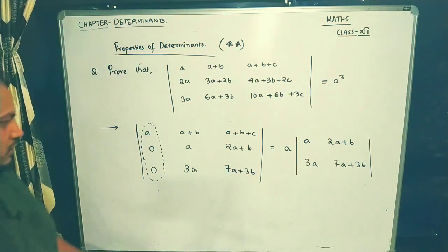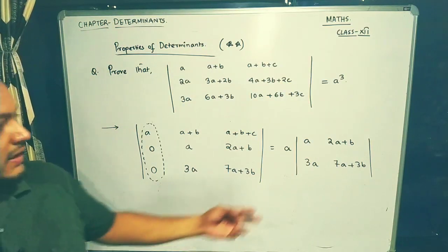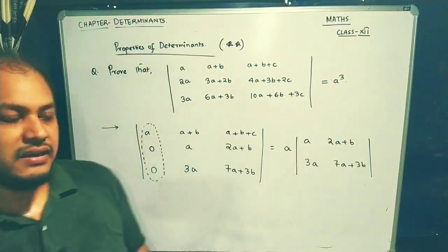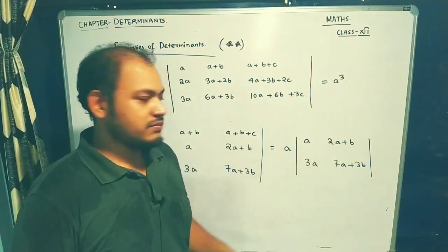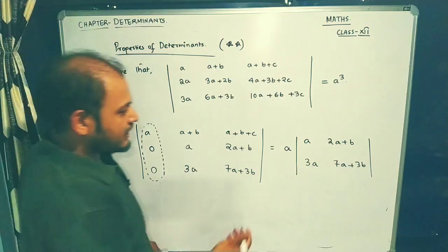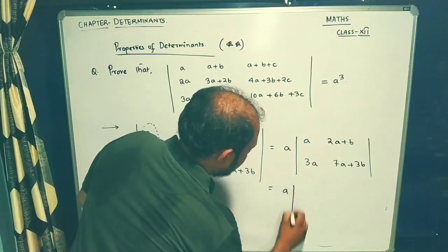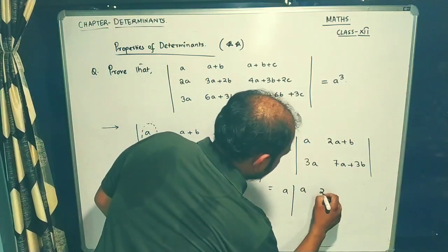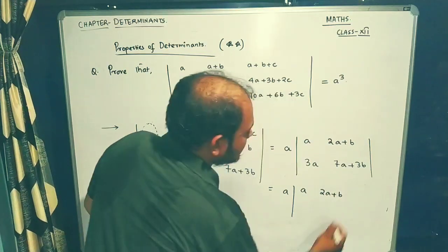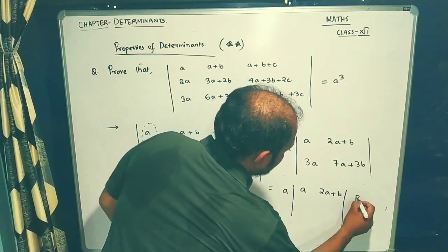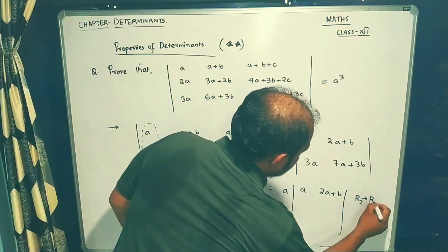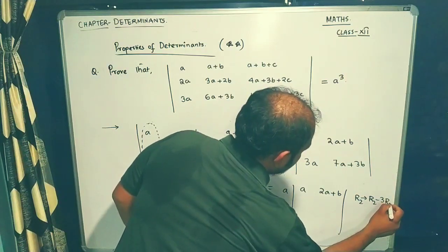Okay. So now how can you again find this determinant? Again you simplify using the sixth property. Again you place a here, twice a plus b, then again use this property, r2 changed from r2 minus 3 times r1.